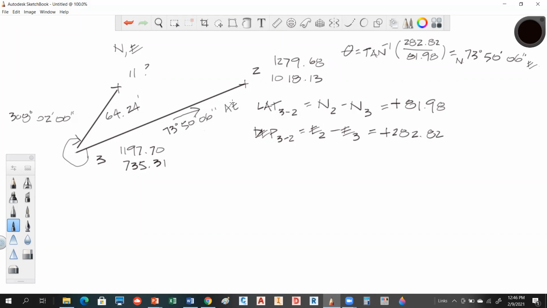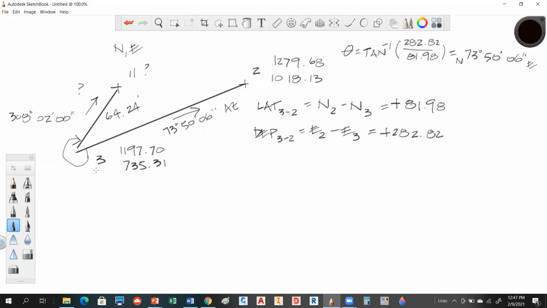It just depends on what we're doing. But we do want to know what that direction is. Because by getting that direction, then I can do a direct routine. If I know that direction, I know that distance, I can calculate the latitude and departure from 3 to 11. So how do we get that azimuth?